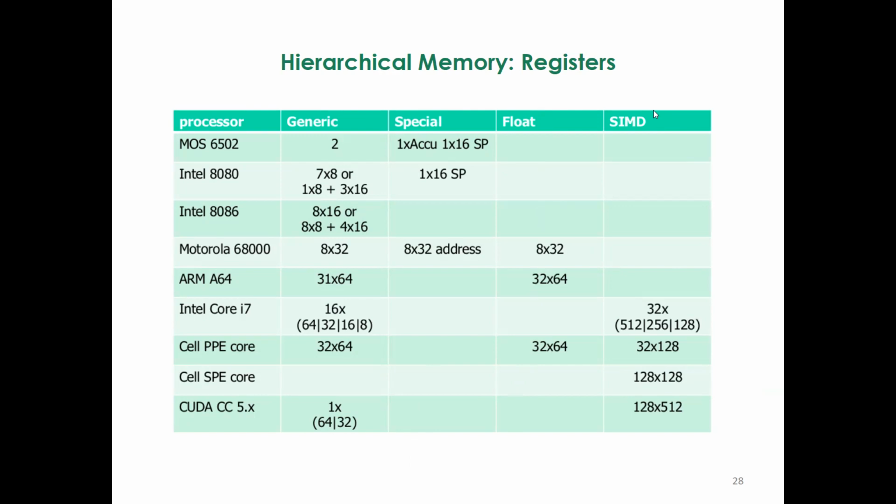Okay. So for example, your Intel Core i7 has 16 general purpose registers, okay, of varying sizes, 8 bits, 16 bits, 32 bits, or 64 bits.